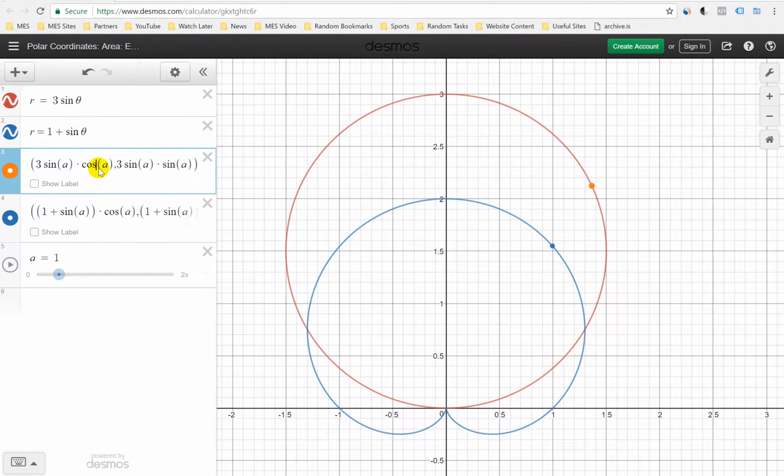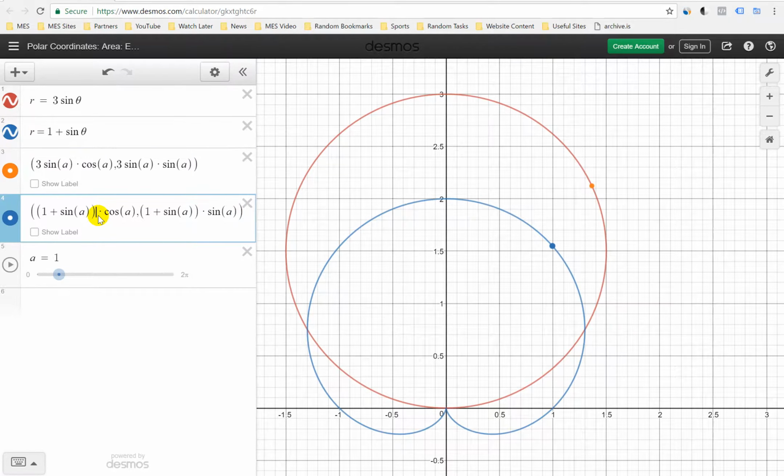But now if you put these in Cartesian coordinates or parametric form, so you just put r times cos, and then r times sine, and likewise for both of the two functions, but I put a instead of t so that we graph a single point. And now you could change from 0 to 2 pi.